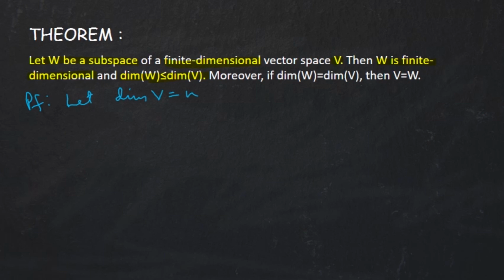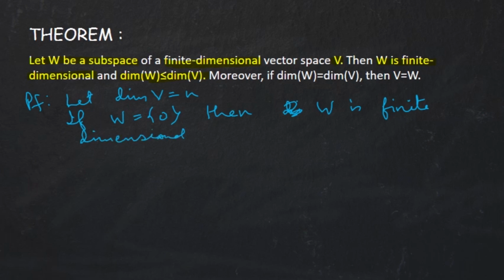Now if W is the singleton set 0, then W is finite dimensional, and dimension of W is nothing but 0, which is less than or equal to n, so the result holds.